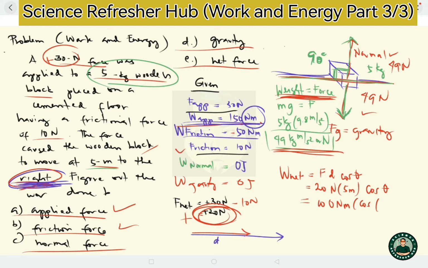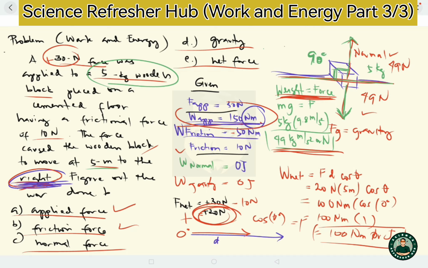It is lesser than the applied force alone because some of the work is being transferred to the friction force because of the presence of friction. So some of the work there is being transferred to the work done by friction. So that's 100 joules. Now let's try the other solution.